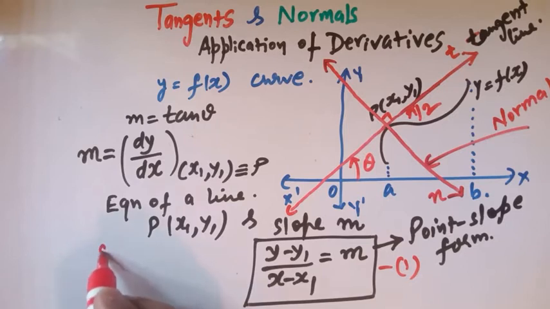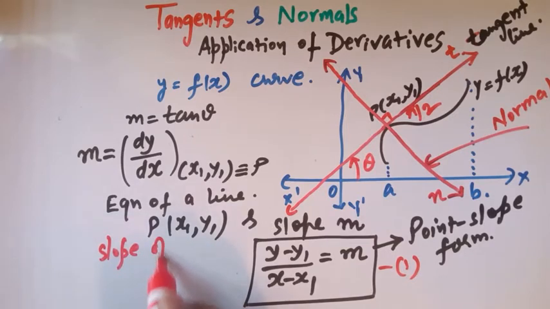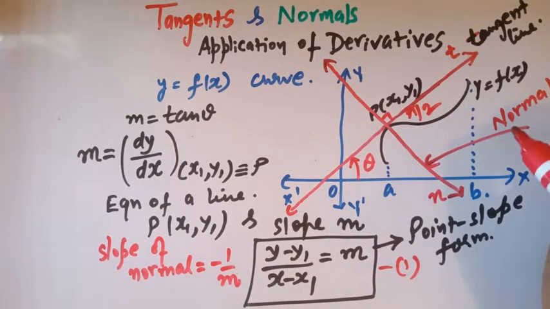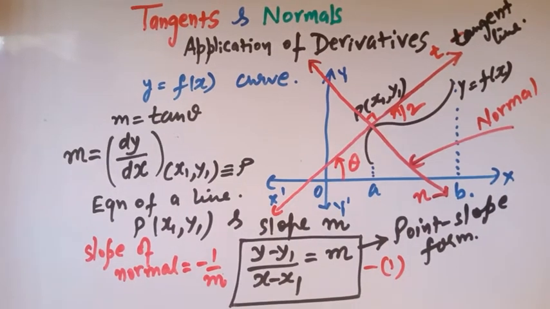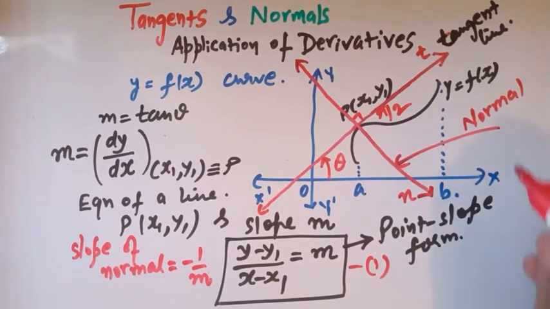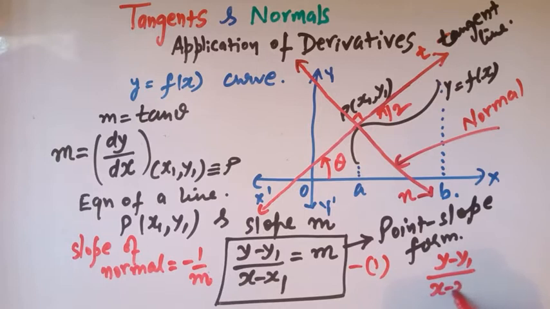So the slope of the normal is minus 1 over m. Clear? Hence the equation of this normal will be given by (y minus y1) over (x minus x1) is equal to minus 1 over m.